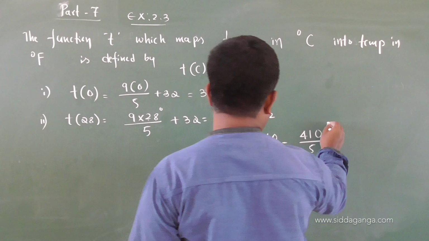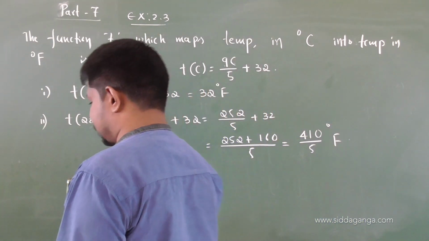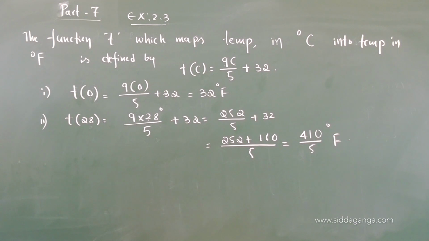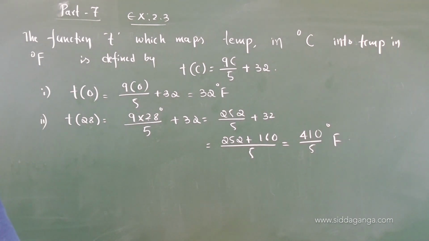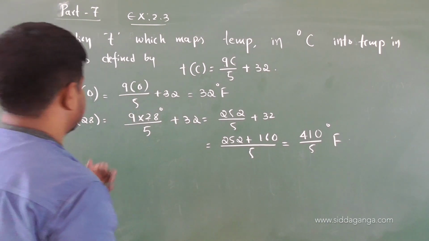So 410 by 5 degree Fahrenheit. Or in your textbook they have mentioned the answer as 412 by 5, I think. 412 by 5.